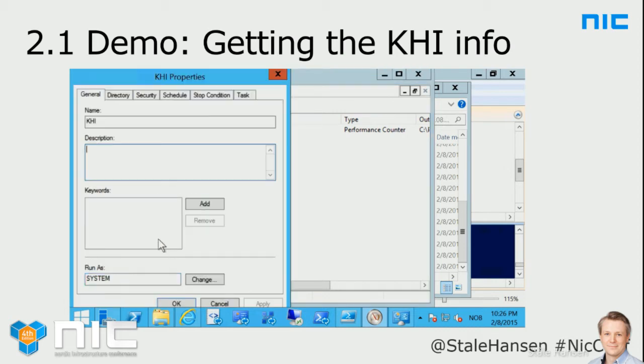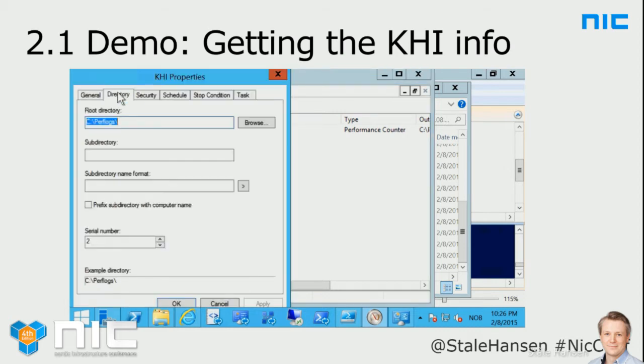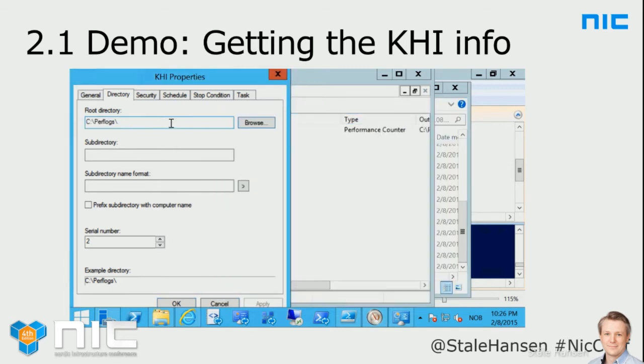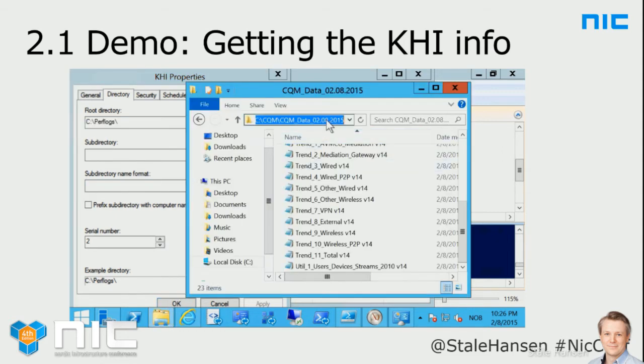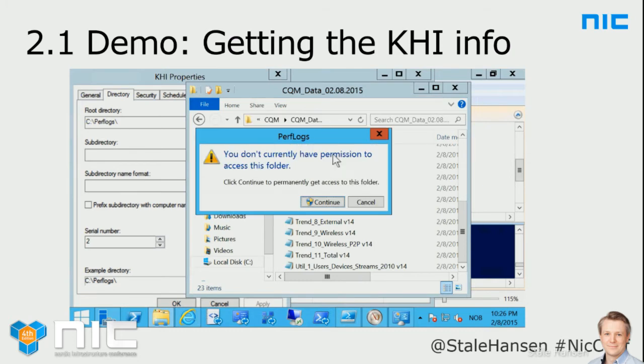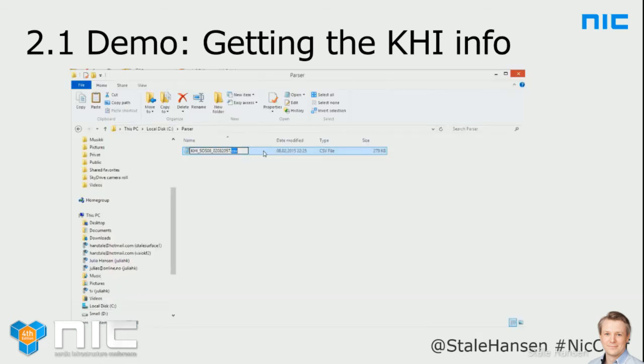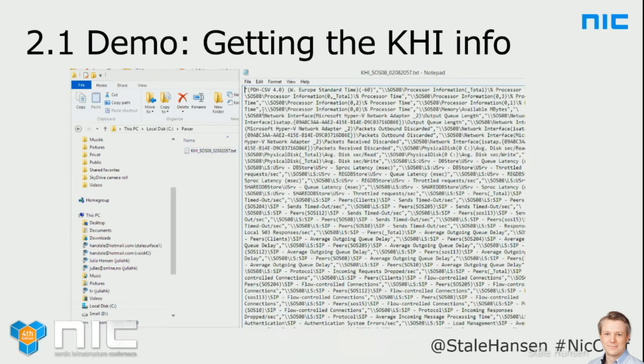We find out where it's stored. And we navigate to that location, and we find the counters we want to look at. Rename it to txt and open in Notepad.